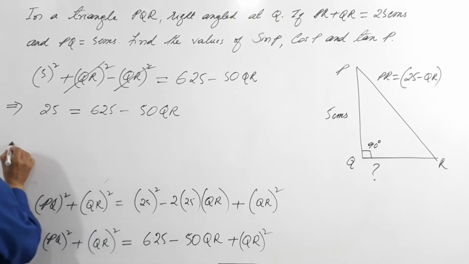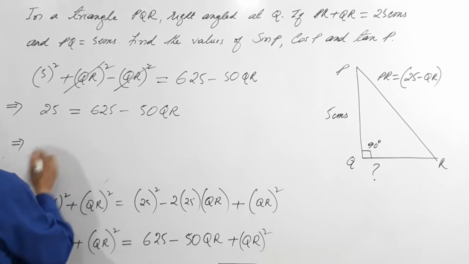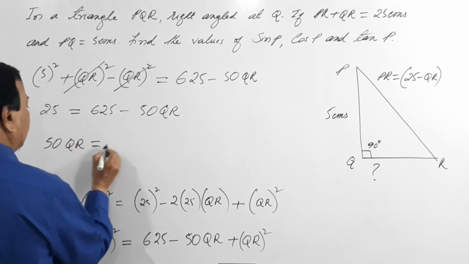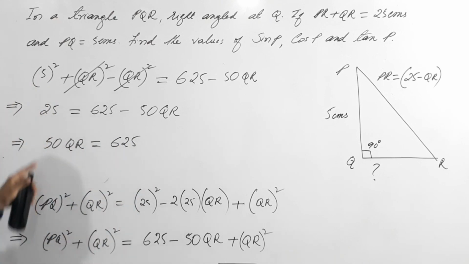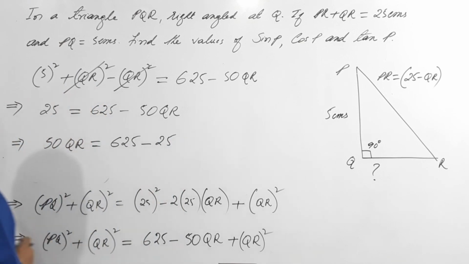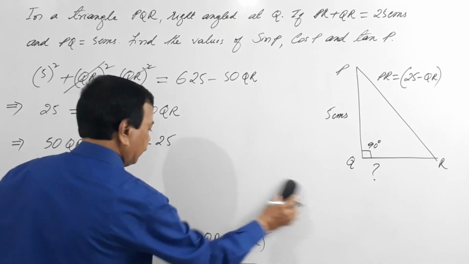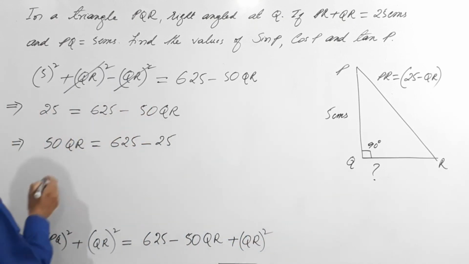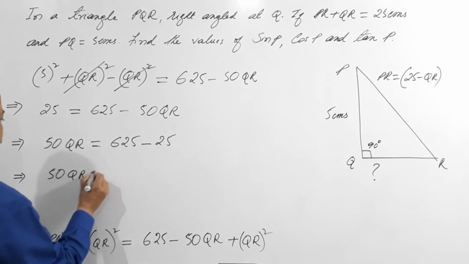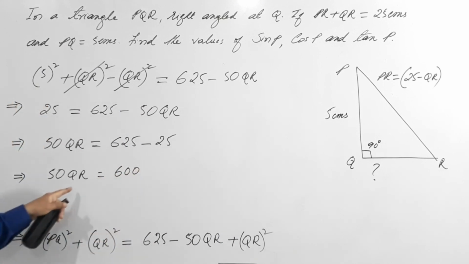Once it comes to the left hand side, this becomes plus 50 QR equals to 625, and this goes there, it becomes minus 25. That is 50 QR equals to 600. So what will be the value of this QR?